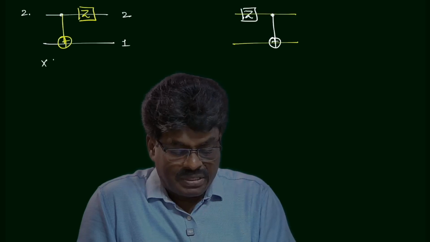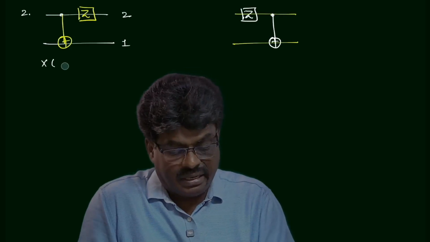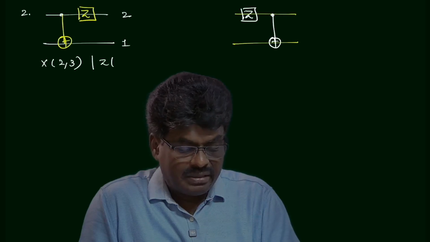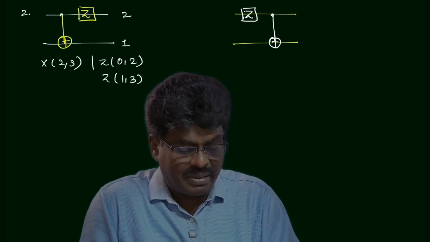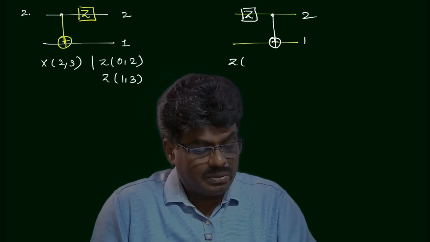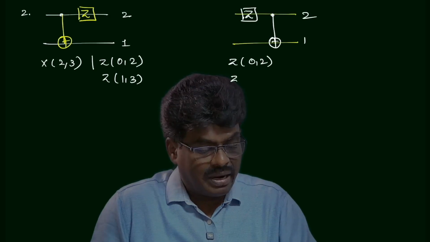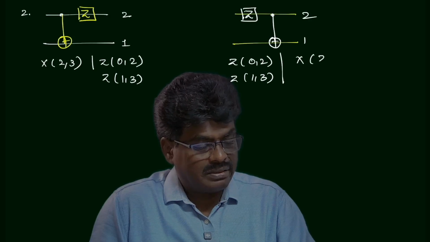So first operation x of 2 comma 3. I hope everybody understands why it is x of 2 comma 3. And after that z of 0 comma 2, and you have to add the remaining, that is 1 comma 3. And here same 1 and 2, z of 0 comma 2, add 1, that's it, and x 2 comma 3.